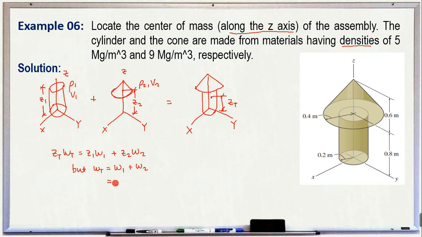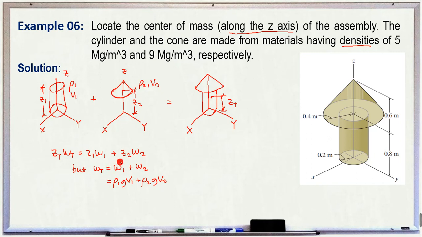Or sige, weight na lang. So we have density 1, gravity times volume 1 plus for weight 2, density 2, gravity constant, V2. Okay, so that is your total weight.